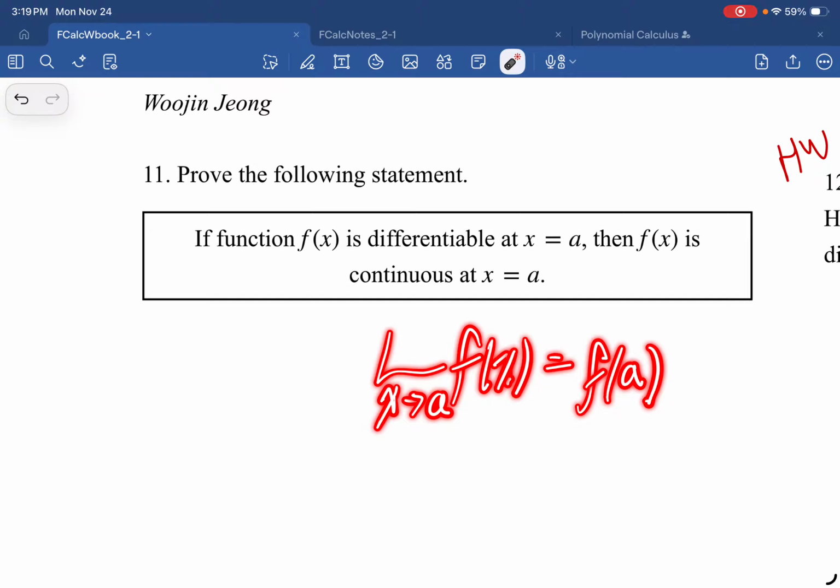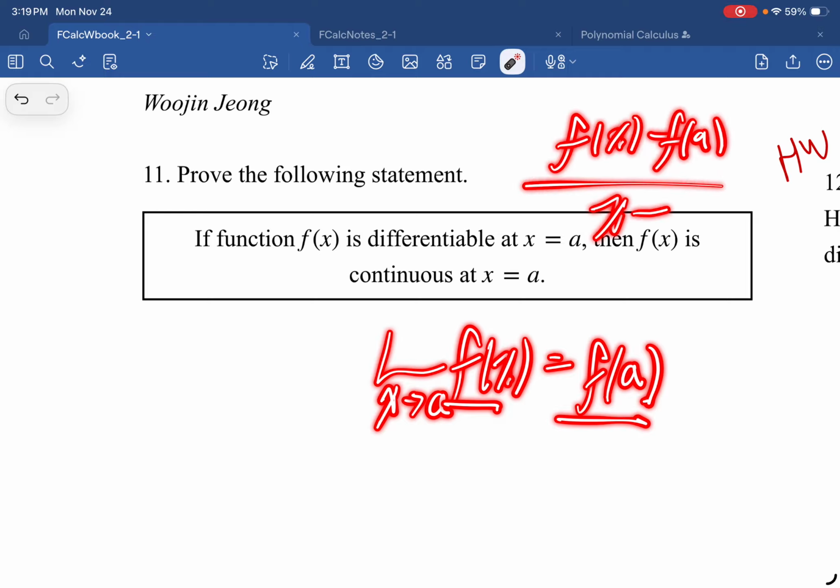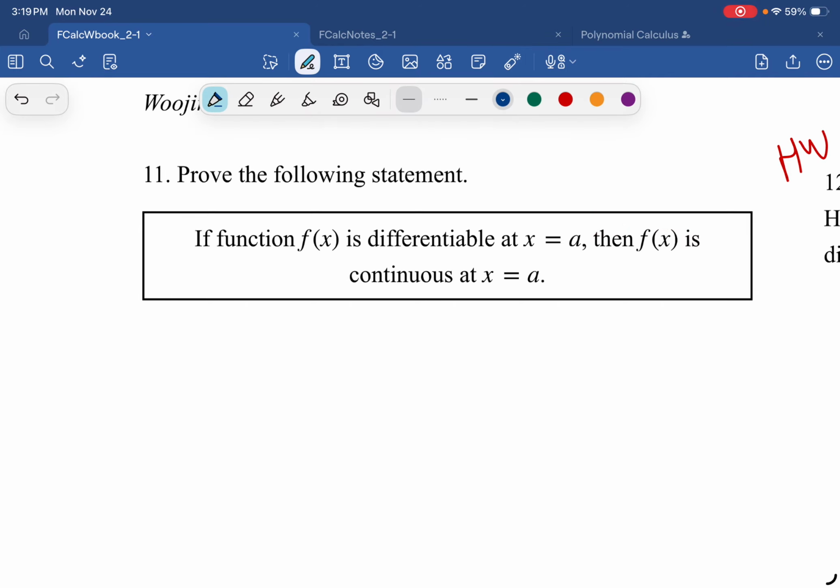So what we can do is, because of f of x and f of a, you remember the other definition, f of x minus f of a over x minus a, that was the definition of the differential coefficient, so the slope of the tangent line, right? So maybe what we want to do is take the limit as x goes to a of f of x minus f of a.